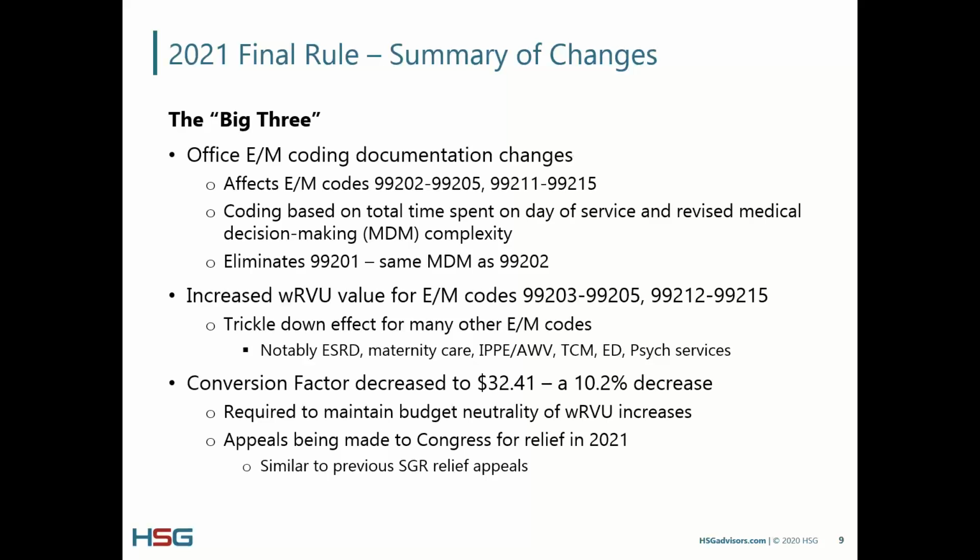Since the publication of the final rule, a number of groups are making appeals to Congress for relief, similar to Congress relief that happened under the previous compensation change formula, the SGR. So we'll see what happens with that. Considering we're more than halfway through the month of December, I don't think that anything's going to happen before January 1st. So I think this is what we're going to be looking at, come the new year.